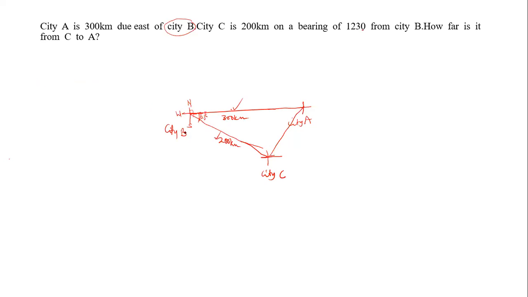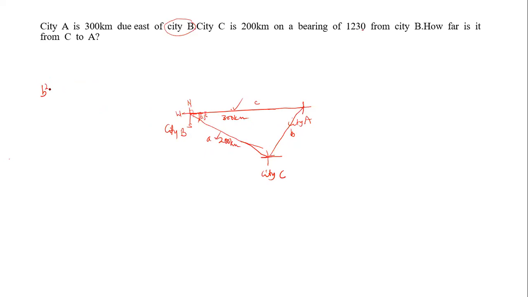So this is B. The opposite to B is small b. City A is small a, city C is small c. We are looking for small b.